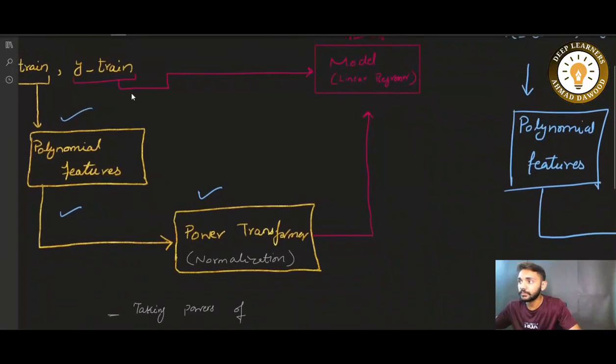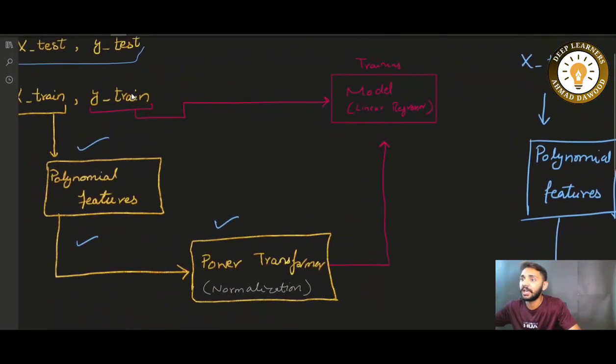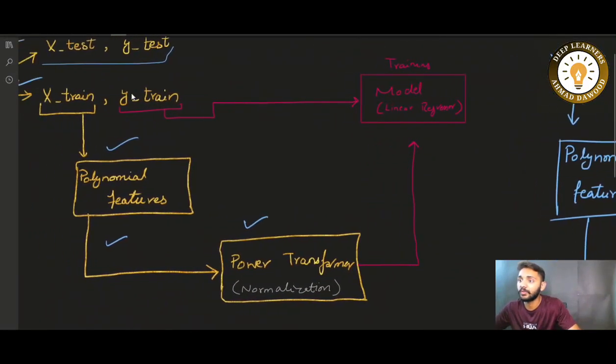Then I will feed this x train, after the polynomial featuring and power transformer, to my model, and here y train as it is, to train my model.